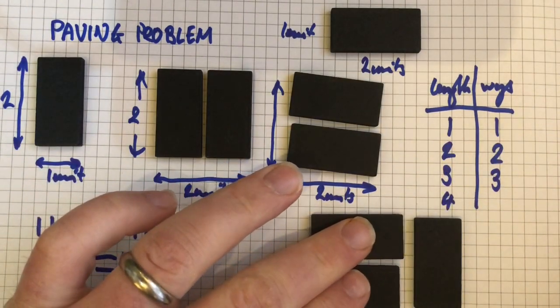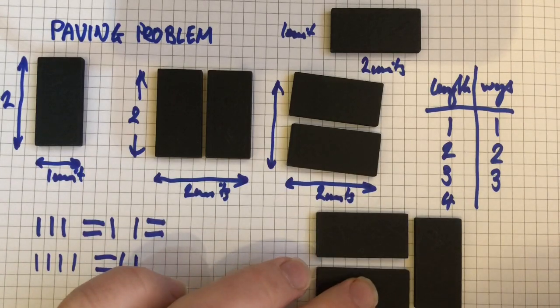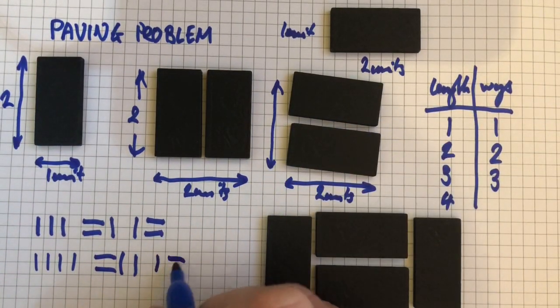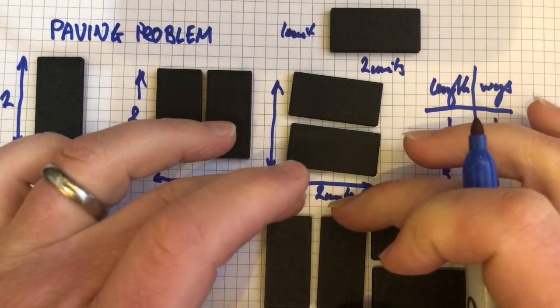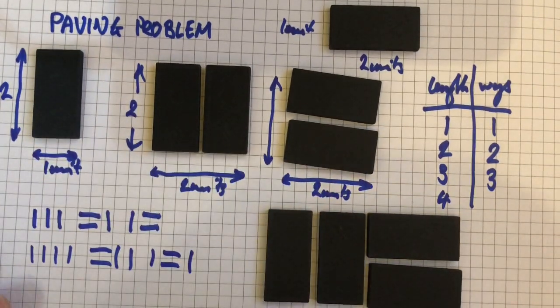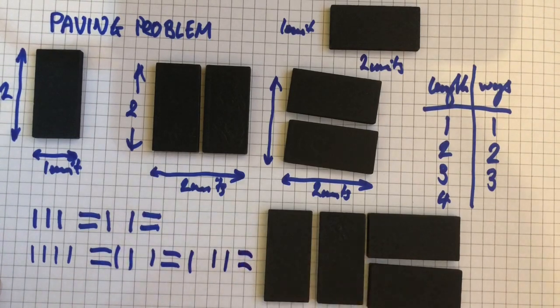Now these 2 like this could go in the middle, couldn't they? So that's another way. Okay, so we have 1 down, 2 across, 1 down, and then finally that one there could go there. Again, it's 4 long, 2 wide again still. So we've got 2 down, 1 across, which is 4 ways.